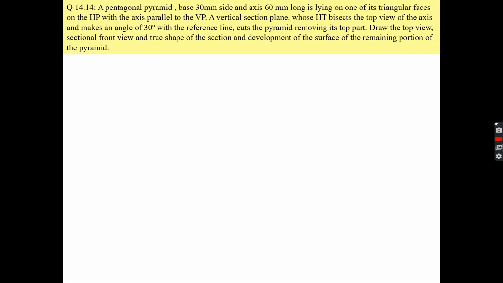The pentagonal pyramid is lying on the HP with its triangular face on the HP. Okay, so when you draw the front view and top view, your triangular face is lying on the HP.